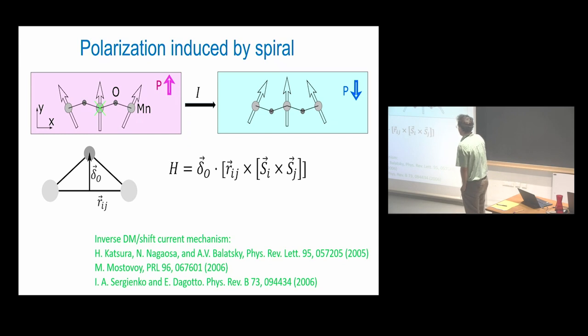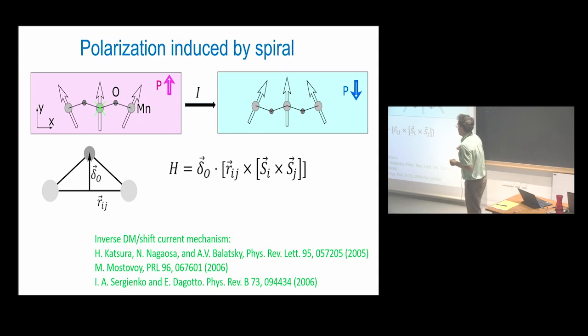It's about the Dzyaloshinskii-Moriya interaction being controlled by this bending of the bond. The DM vector is essentially given by the vector connecting spins cross the shift of the oxygen between the transition metal ions. And this shift of the oxygen is the ferroelectric polarization.